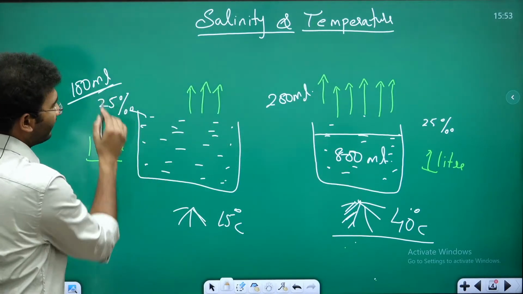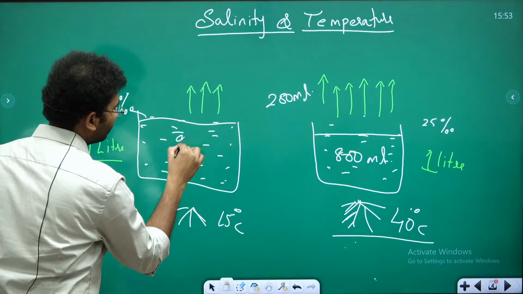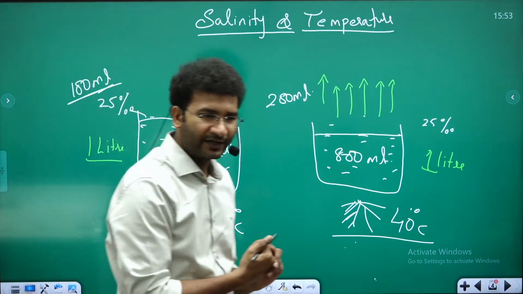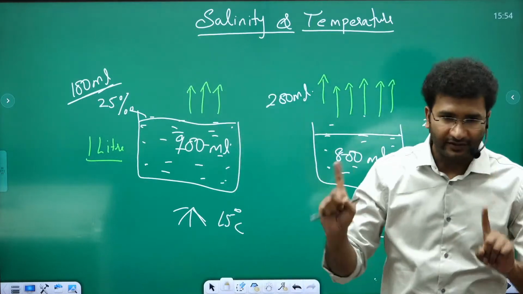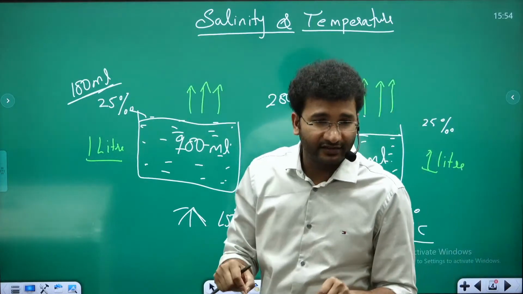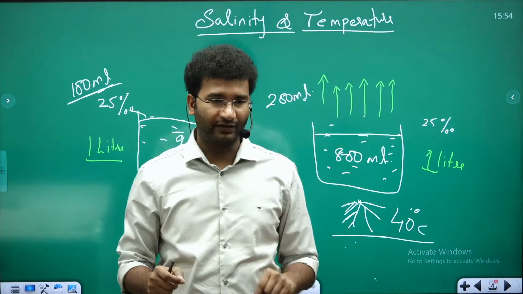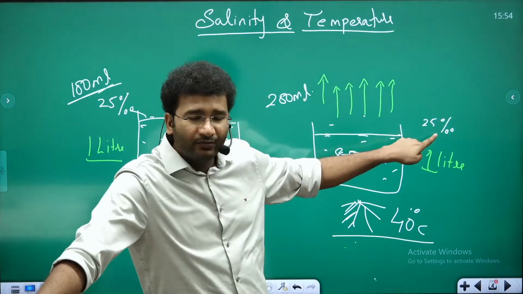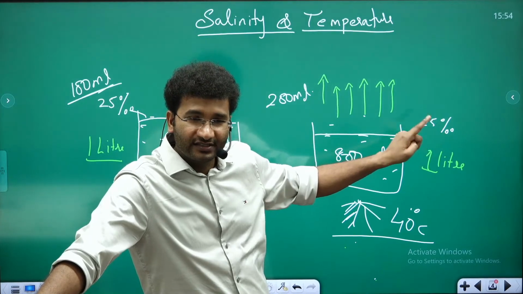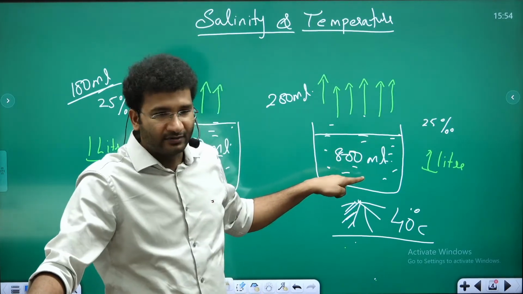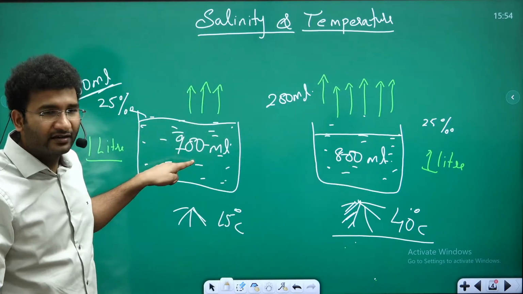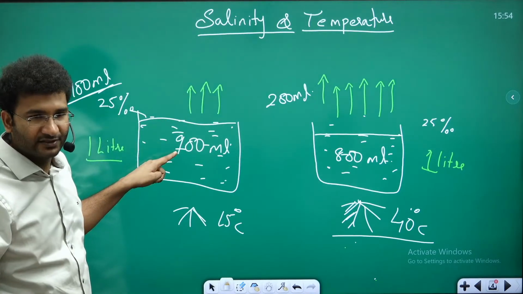Now here 100 ml evaporated, that means how much water is present? 900 ml is present. अर्लियर कितना पानी था? 1 लीटर. तो अर्लियर सैलिनिटी कितनी थी दोनों की? 25. बट लेकिन now see the same 25 parts per thousand is now present in 800 ml. ठीक है, here in 900 ml 25 parts per thousand is present.